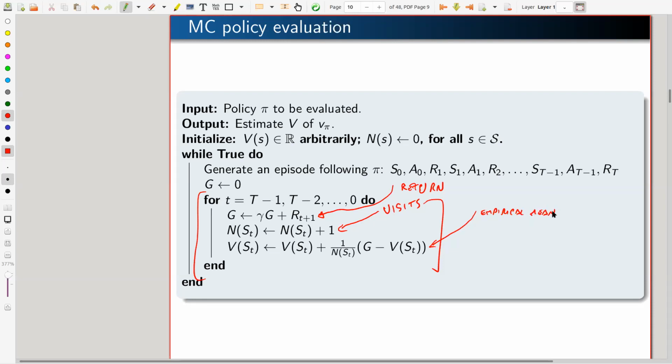And of course, if you want to change this with alpha, you just take away this line. You don't need this anymore. And you change this to alpha. Okay. With alpha, it is called the constant alpha Monte Carlo algorithm, of course.